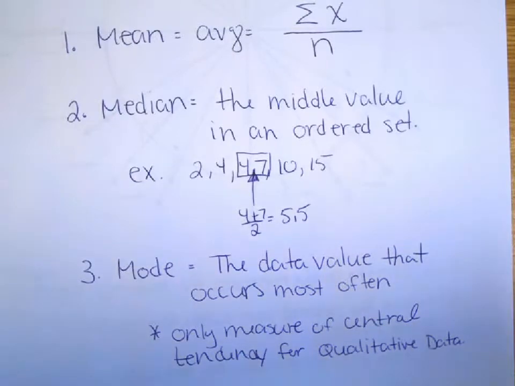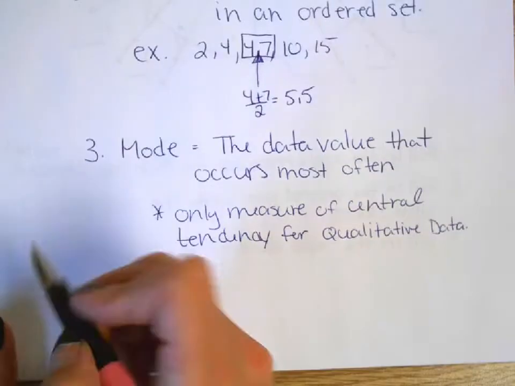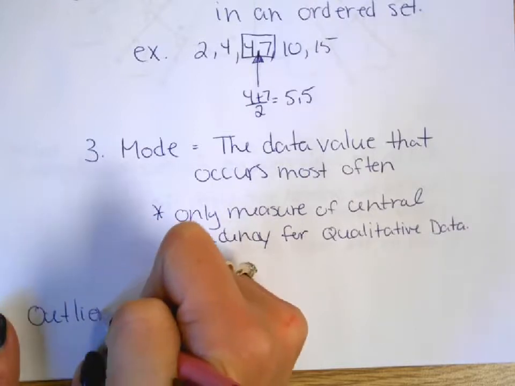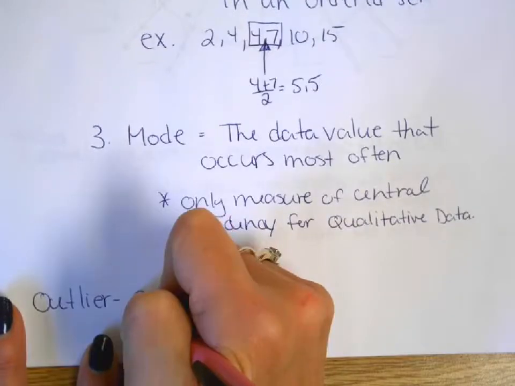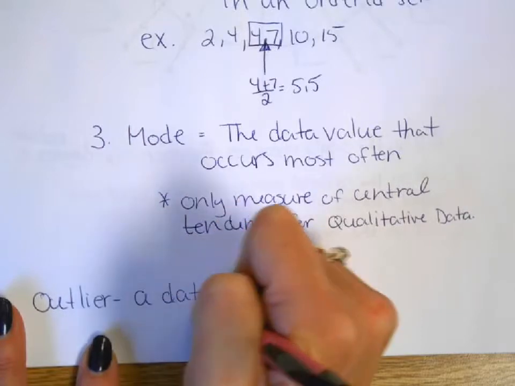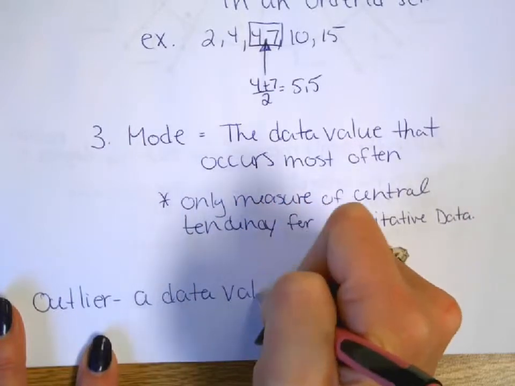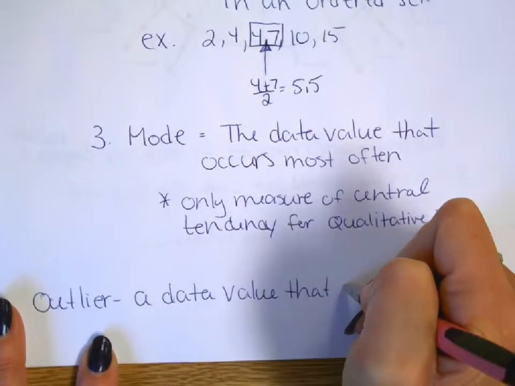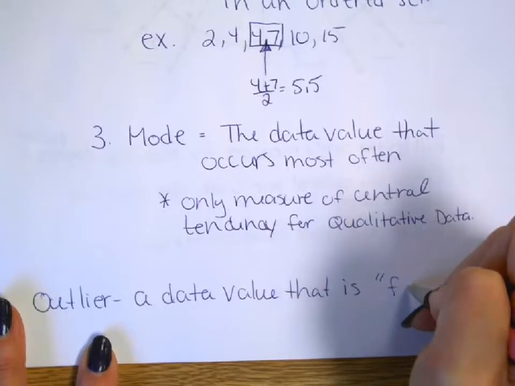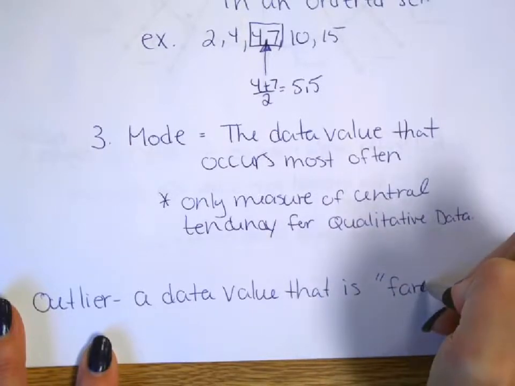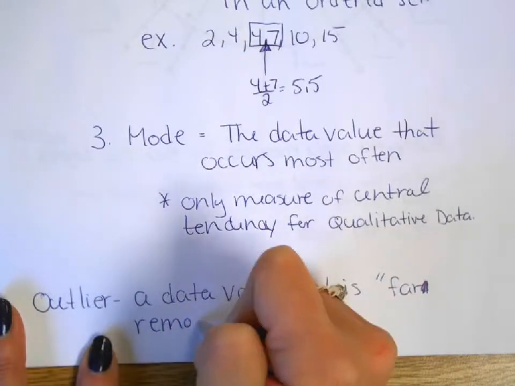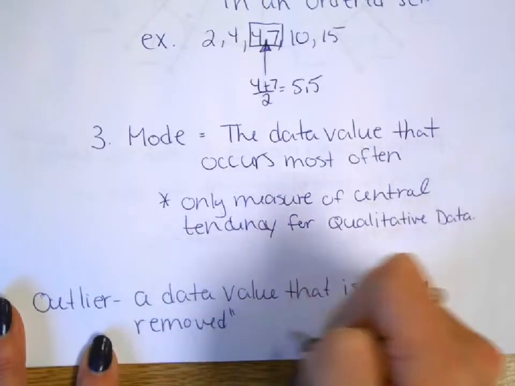And one more vocabulary. What we're going to talk about are outliers. Now, an outlier is a data value that is far, not fair, far removed from the rest.